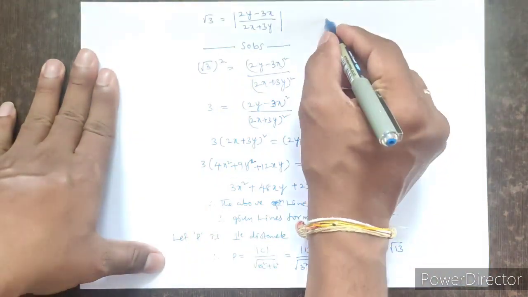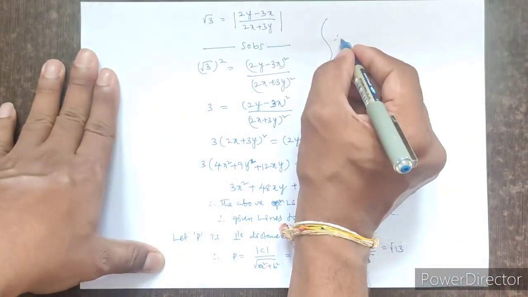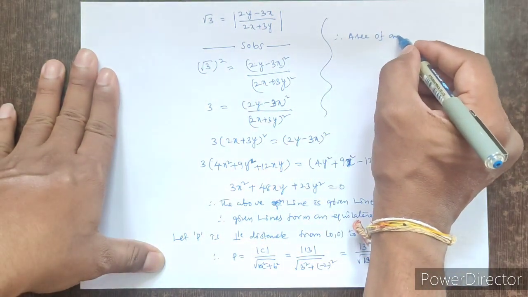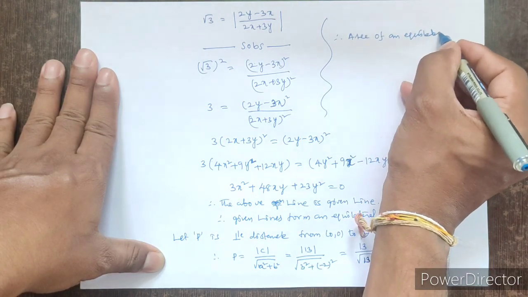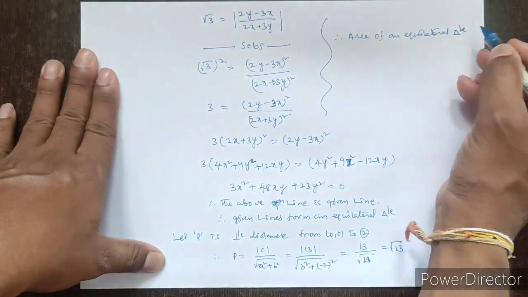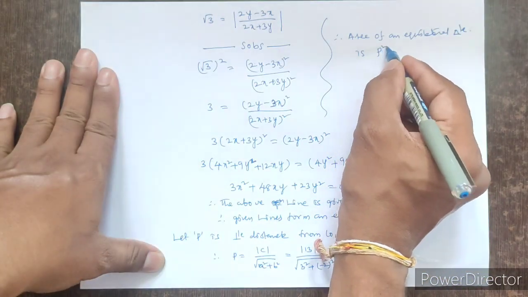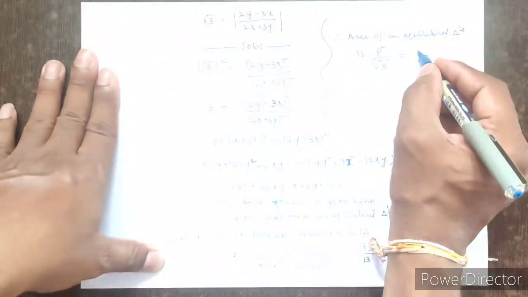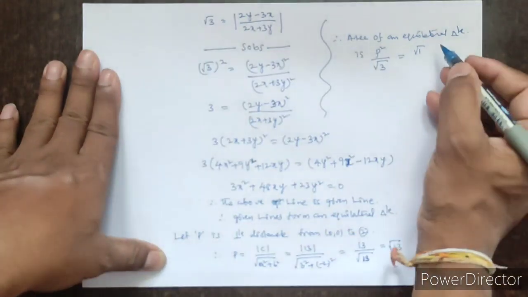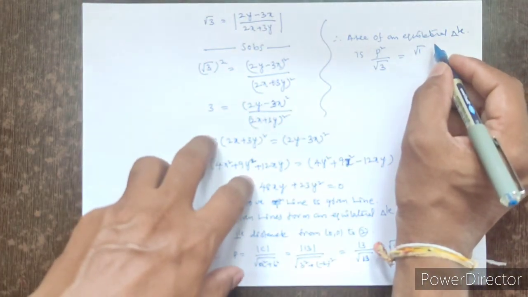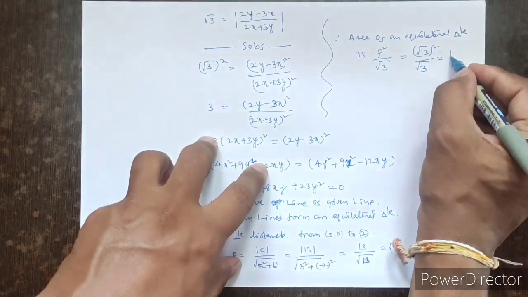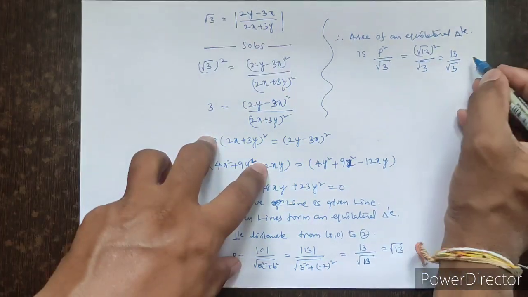Therefore the area of an equilateral triangle is P square by root 3, that equal to root 13 whole square by root 3, that equal to 13 by root 3 square units.